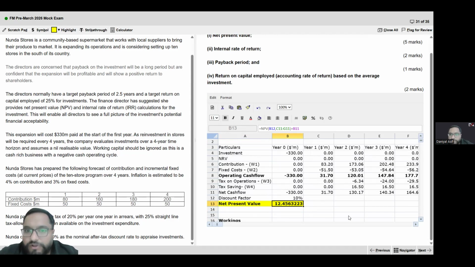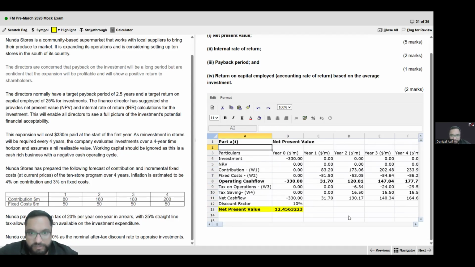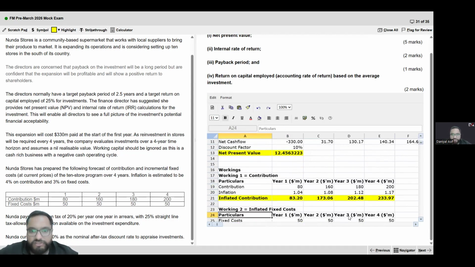Remember, when you apply the NPV formula, it is equals to NPV bracket open, discount rate, comma, your cash flows from year 1 till the end of useful life, bracket close, plus your year 0 cash flow. This gives you your NPV. Now, this was part A1 of question 1 from section C.